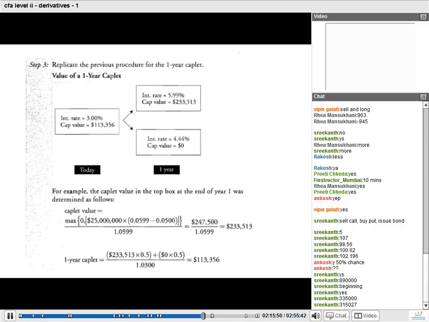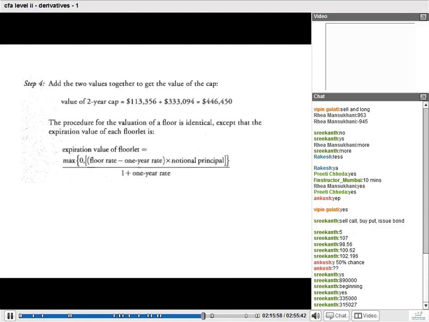For the 1-year caplet, the value comes out to be 113356. Sum the 2 to get the value of the 2-year cap, and we'll get the answer as $446,450. Please take your time and solve these questions. Any doubt, feel free to contact us.